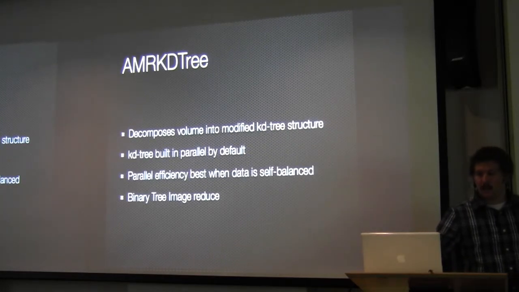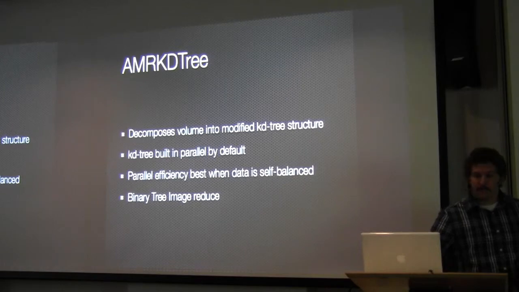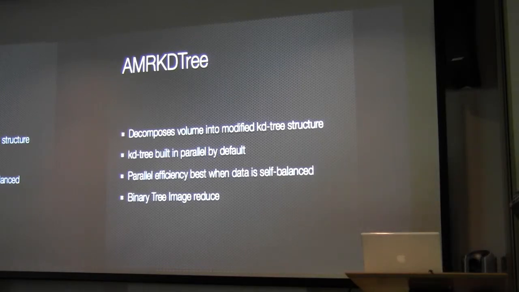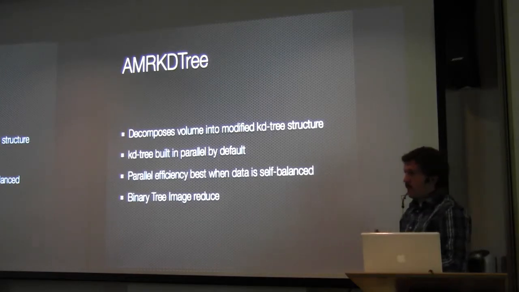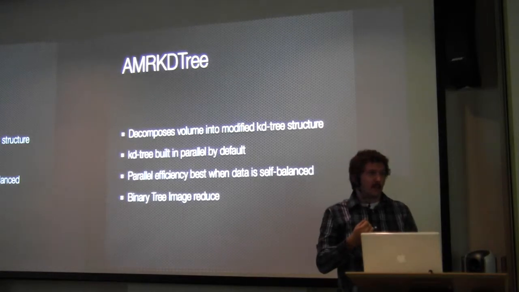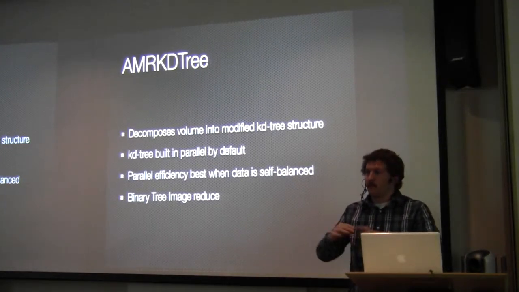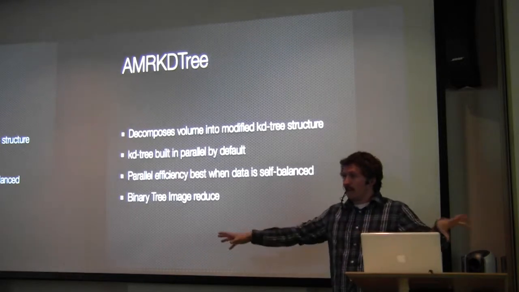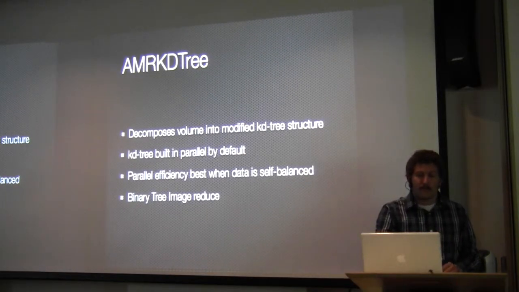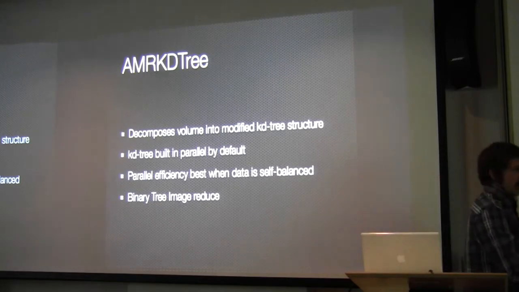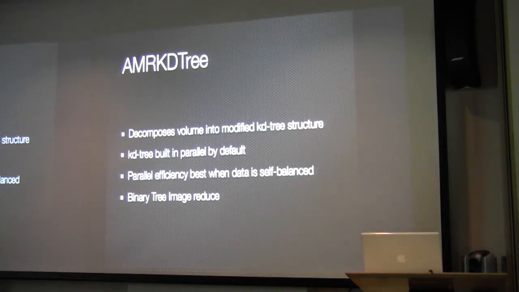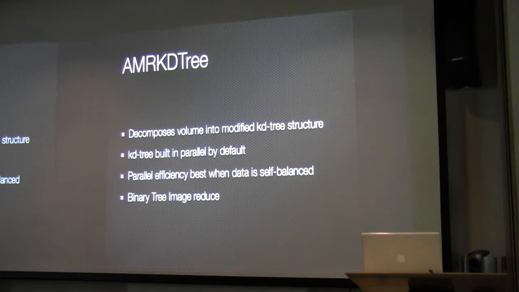As I said, this AMR-KD tree splits the domain up into the number of processors that you're using. Right now it's best when the data itself is naturally well balanced. By that I mean that if it's an AMR data set, there's AMR everywhere. At the end of this process, when it's done with each processor working on each piece of the image, there's a binary tree image reduce so that you go from n images all up into one single image.